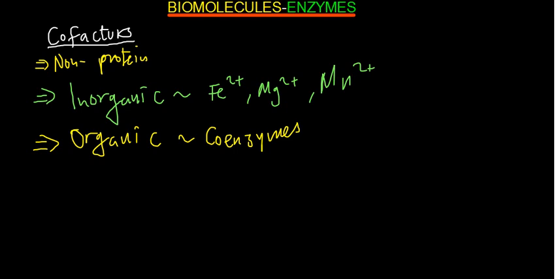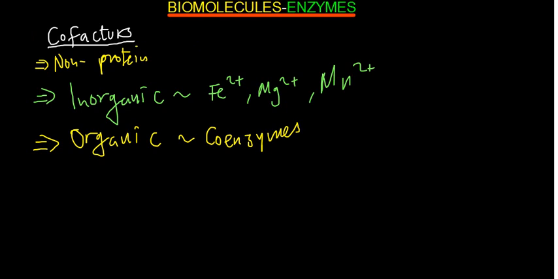Now we need to know that the cofactor and the enzyme do not form permanent covalent bonds, even when they are tightly bonded. They are just attached, but they don't form covalent bonds, meaning that at any time they can be separated.